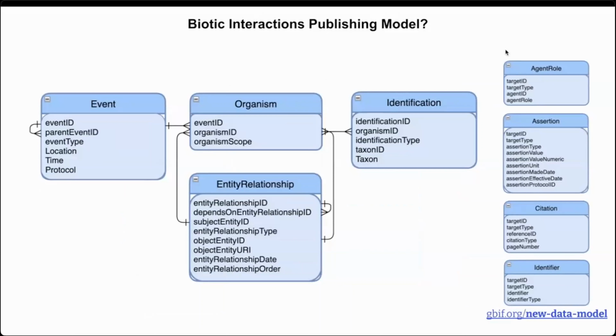The idea is simply that individual organisms are detected as participating in some relationship during an interaction event at some place and time. To the right, inherent in this and all publishing models, are the auxiliary tables that allow every one of the other tables to have agents with particular roles, assertions such as measurements, citations, and alternative identifiers.